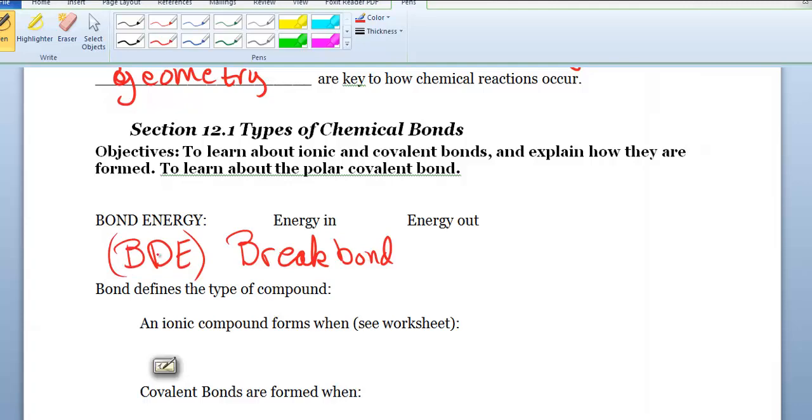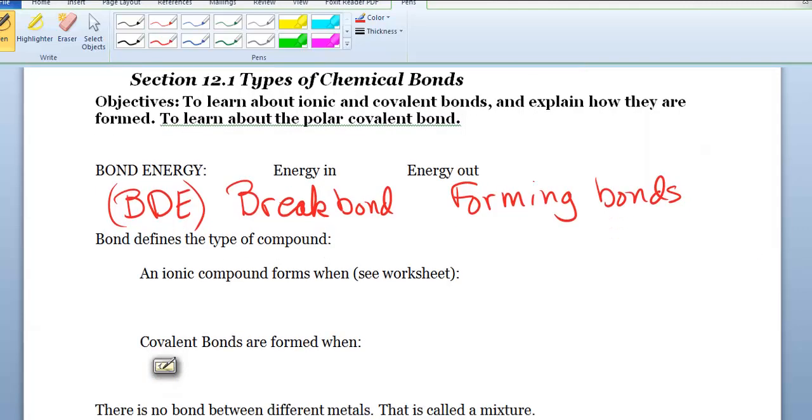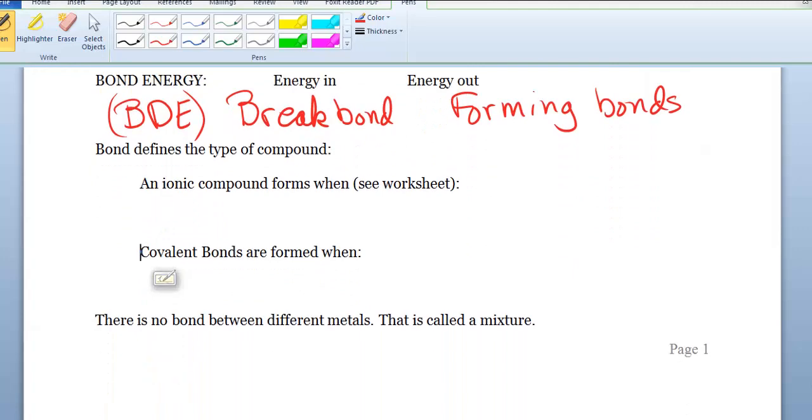So breaking bonds puts energy into a system. You get energy out when bonds are formed, so bonds forming gives off energy when they form rather than when they break. That's how chemists think of it. Biologists look at it a little bit differently.